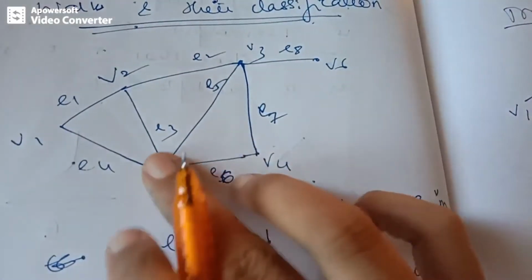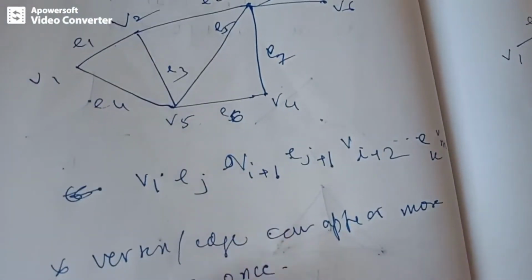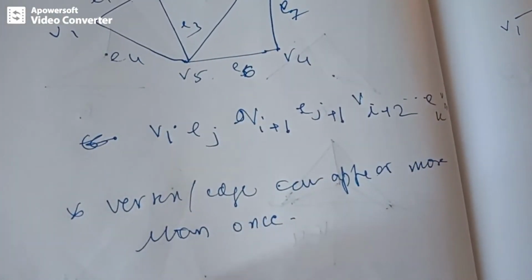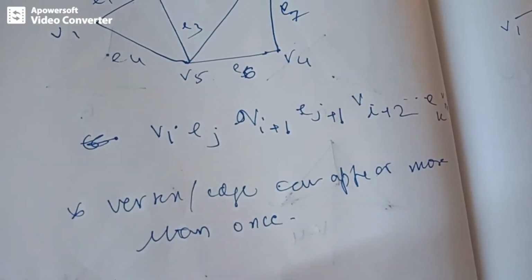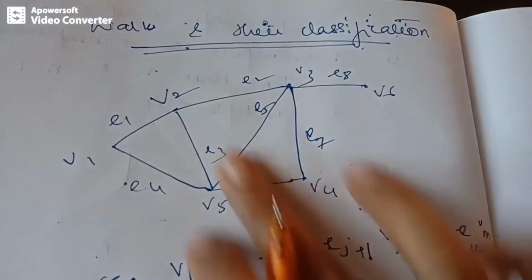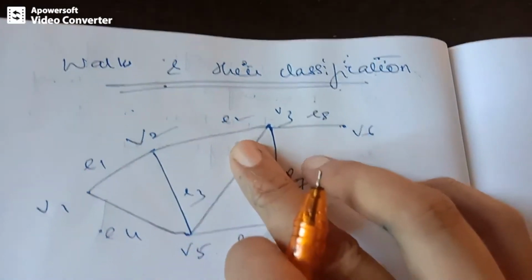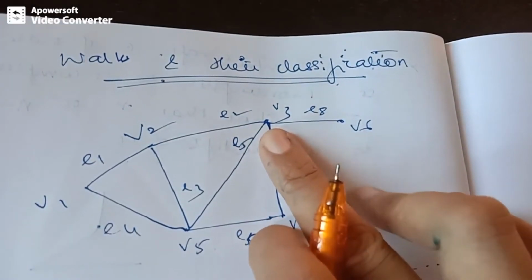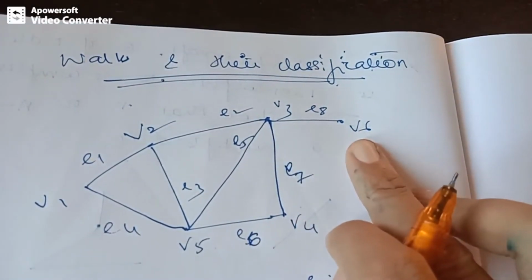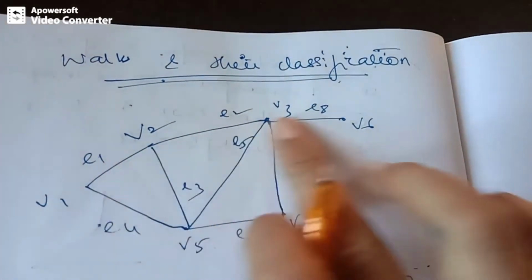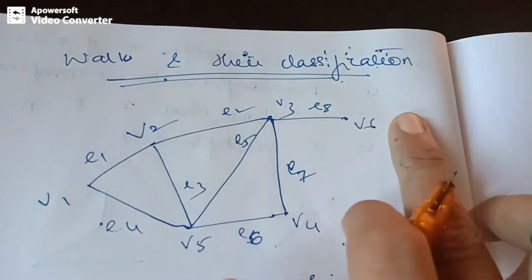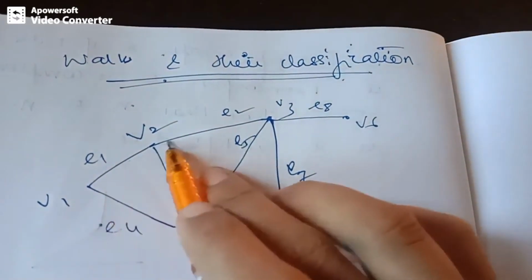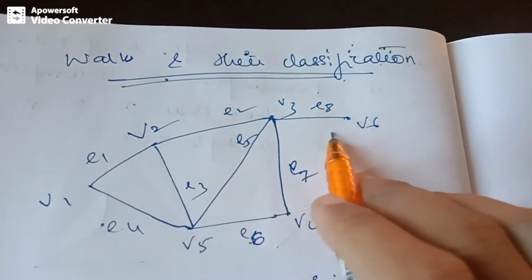Consider this graph. Is this a walk? Yes, we can say the sequence V1, E1, V2, E2, V3, E8, V6 ends with vertices and between them we have edges. What is the length? How many edges are there? Length 3.